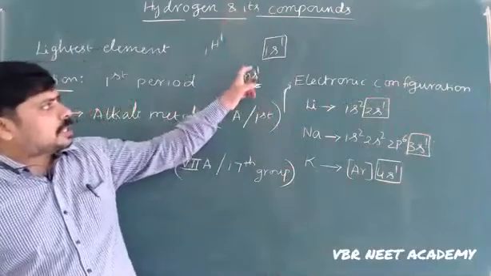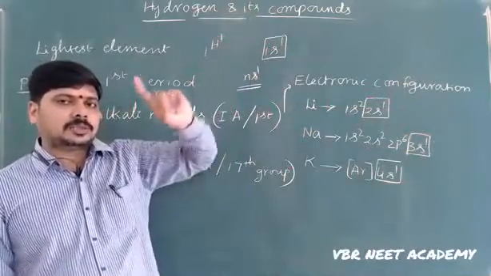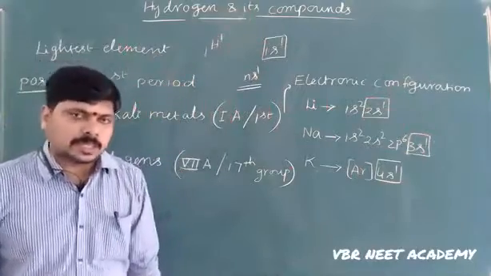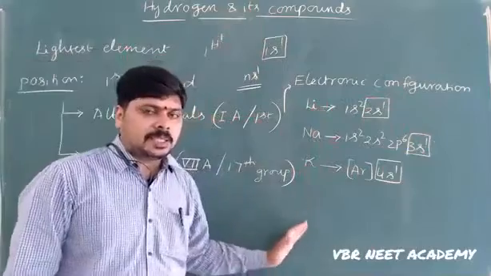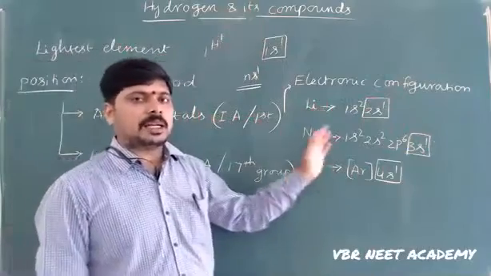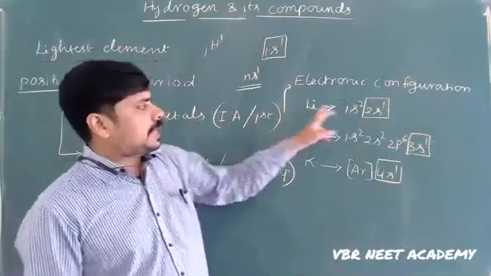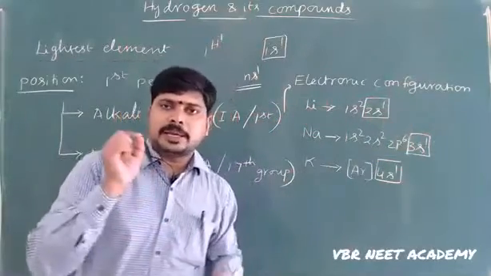The hydrogen also shows ns1, like the valence shell is going to have only one electron in its outermost shell, and the lithium, sodium, potassium, rubidium, cesium, francium of all your alkali metals group also show the same electronic configuration. So what is the point I am saying now?